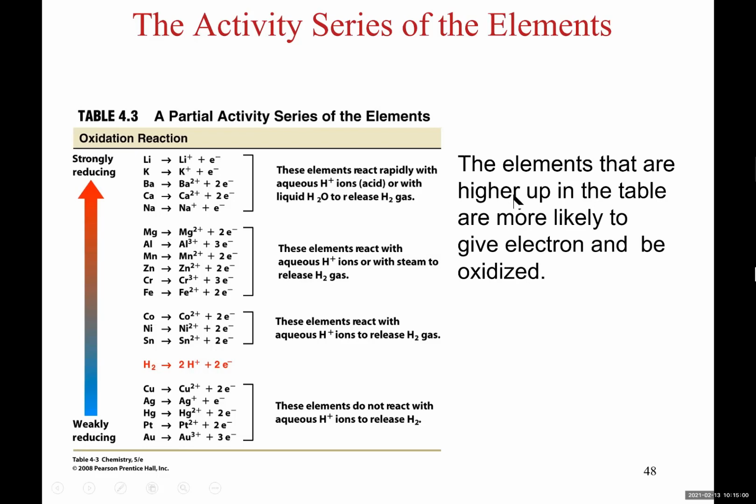And we know that these elements are so reactive, they can react with water, and they can give electron to water to produce hydrogen gas. As we go to the second category, these are not as strong as the first category, but they are electron donors.